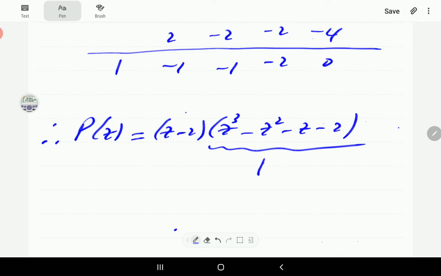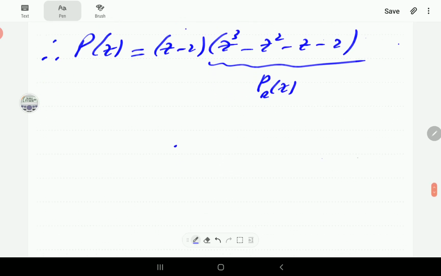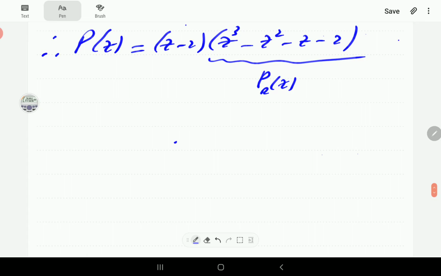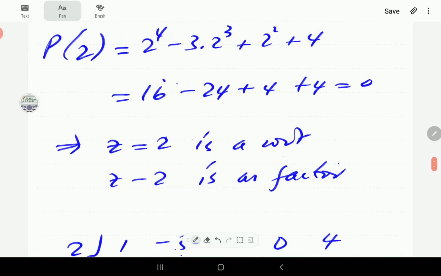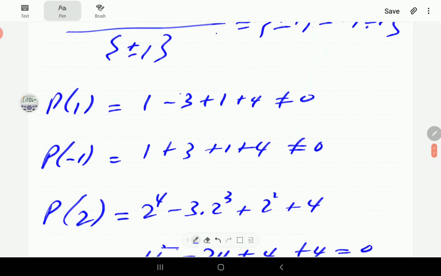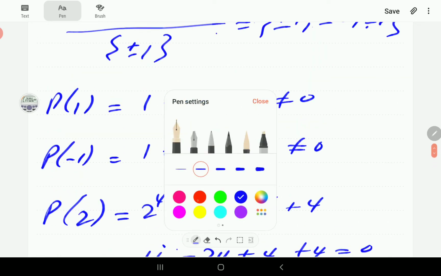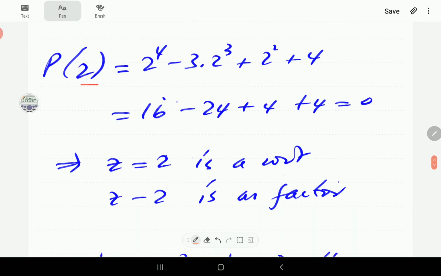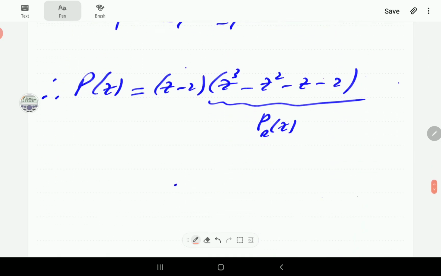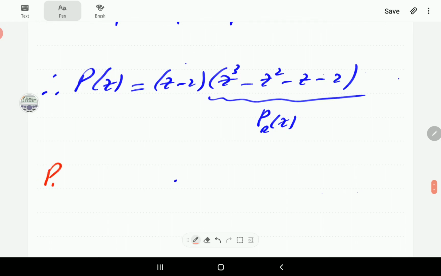So if we call this one PR, our reduced polynomial, we now have got to try the roots for the roots of PR. Since plus and minus 1 were not roots of P, they cannot be roots of PR as well. But 2 could be a root, so we have got to start with 2.